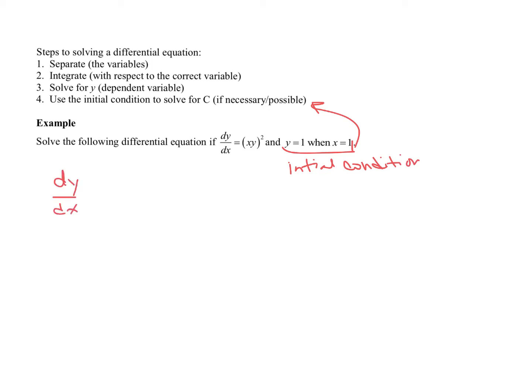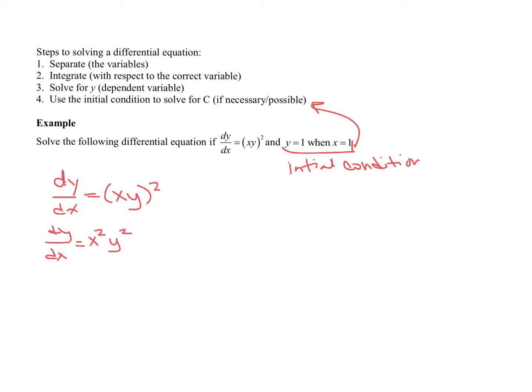So we need to separate out our variables here. We need to get the x's on one side of the equation and the y's on the other. In order to do that, we need to distribute this square, so we're going to get x times y squared there.